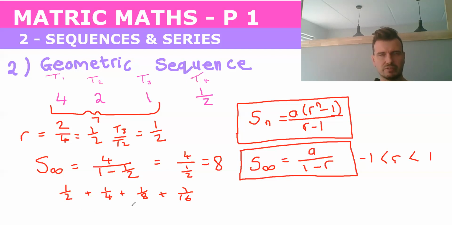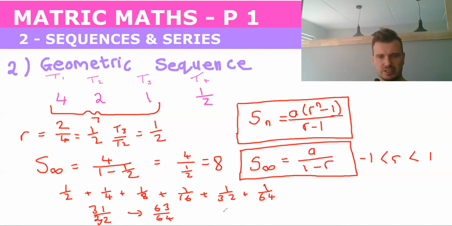But the next one after that would be 31/32, and then 1/64 is added. The next one would be 63/64.